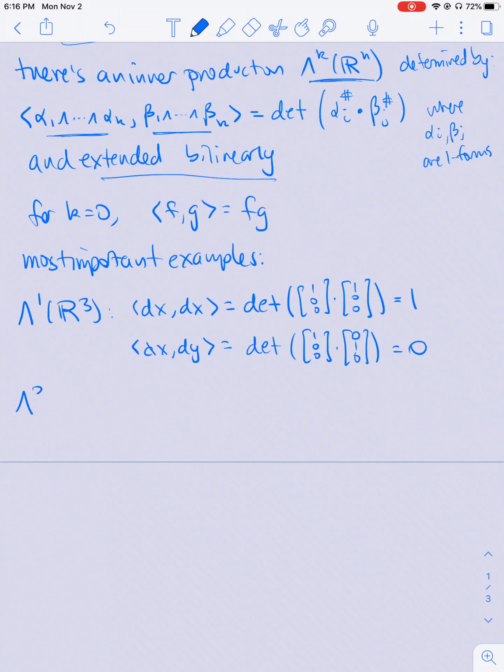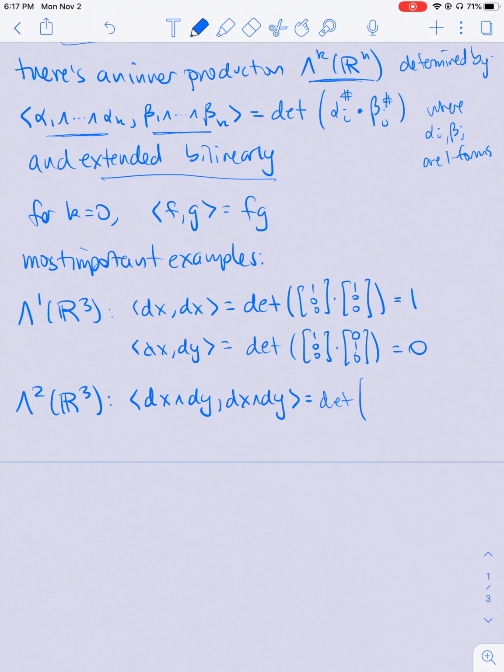Let's now continue on to 2-forms. I can either have my 2-forms be identical. This case is standing in for the case of dy wedge dz with itself, or dx wedge dz with itself.